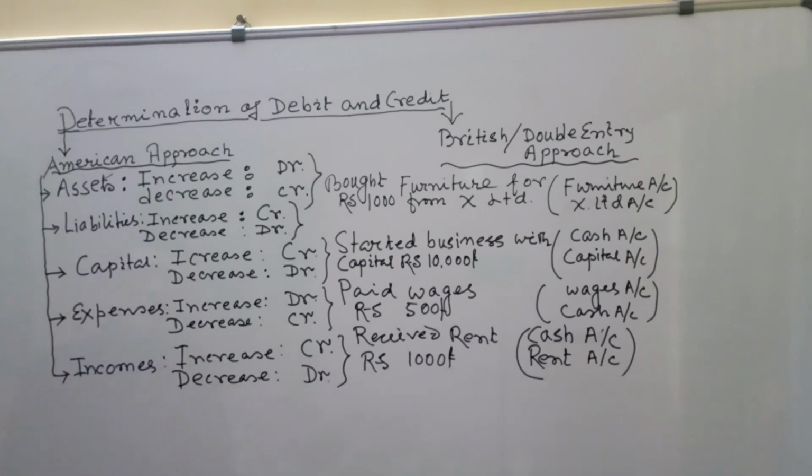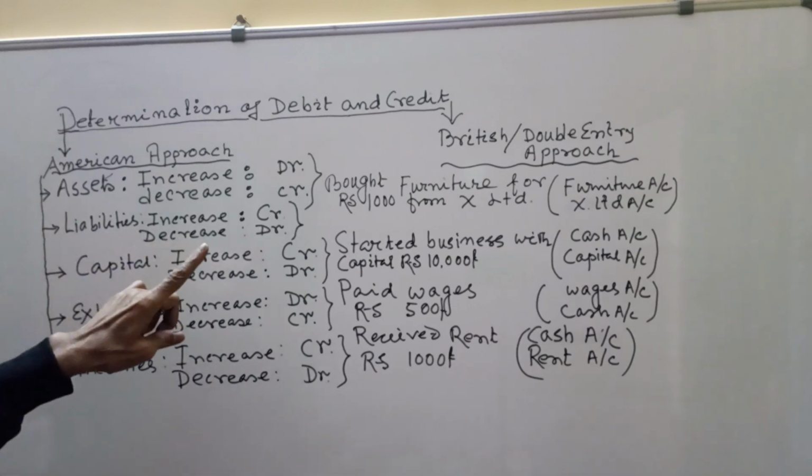In the case of the assets, if the transaction is related to the purchase or sale of an asset, and the value of the assets increases in a business, then that asset account will be debited, and if the value of the assets decreases by sale by the business, then it will be credited. Similarly, if the liability value is increased in a business, it will be credited, and if the liability value decreases, it will be debited.